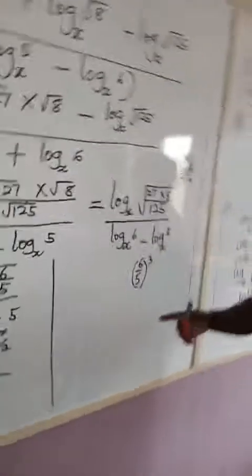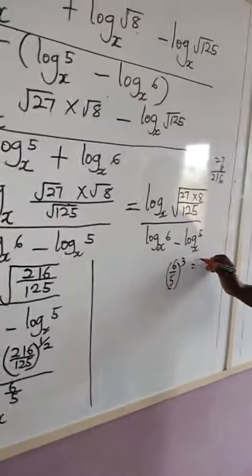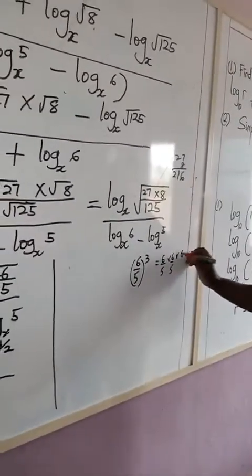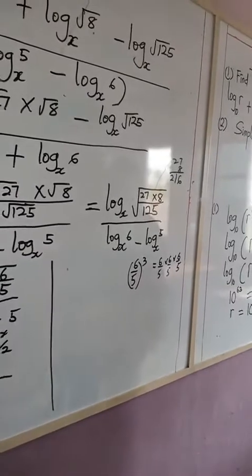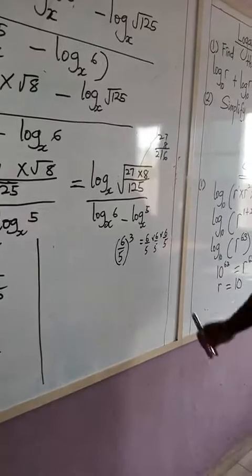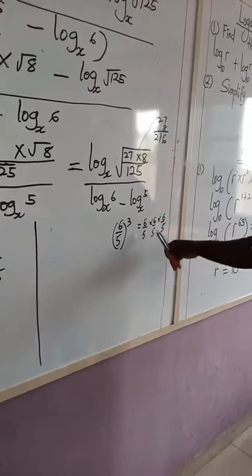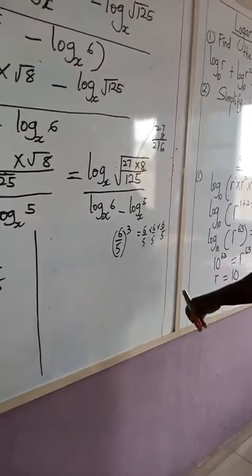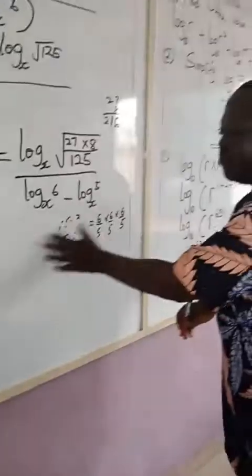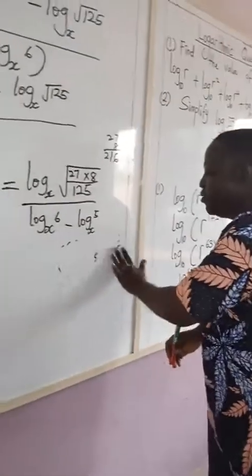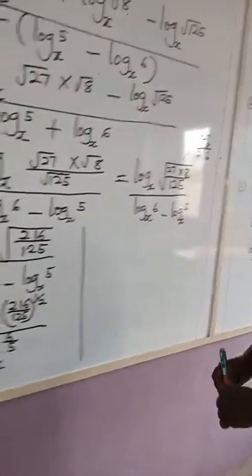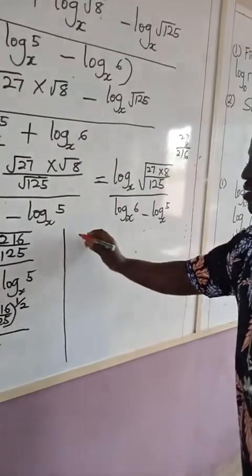Now 6 over 5 raised to power 3 means 6 over 5 times 6 over 5 times 6 over 5. So 6 times 6 times 6, that is 216. Then 5 times 5 times 5, that is equal to 125. So instead of 216 over 125 now, we are writing 6 over 5 raised to power 3.